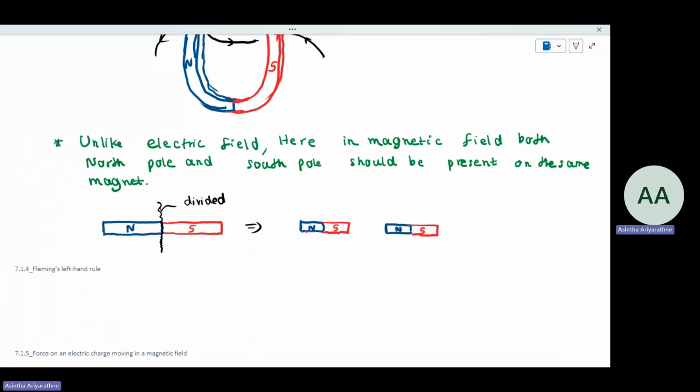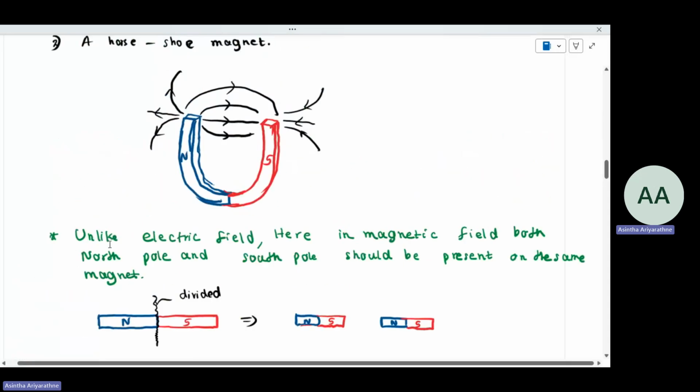So the result would be two bar magnets having north and south poles, not just a north pole separately and a south pole separately. That you have to remember.